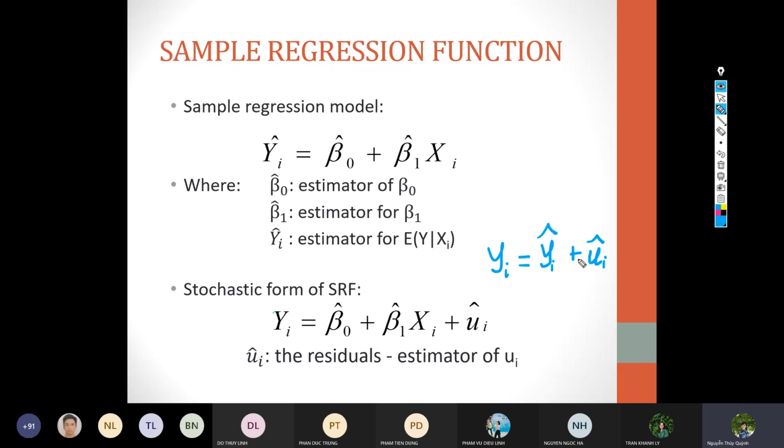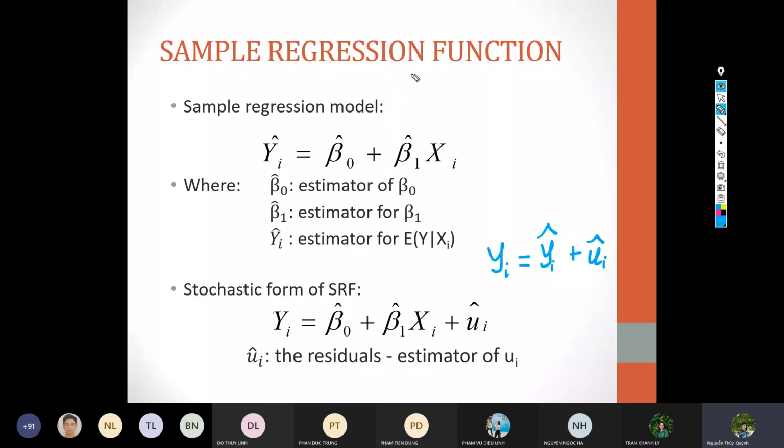Okay, so in the case when you do not have enough data for the whole population, you can only specify the form of the population regression model, but you cannot calculate the exact values of beta 0 and beta 1 in the population regression model, right? And that's why you have to estimate them.